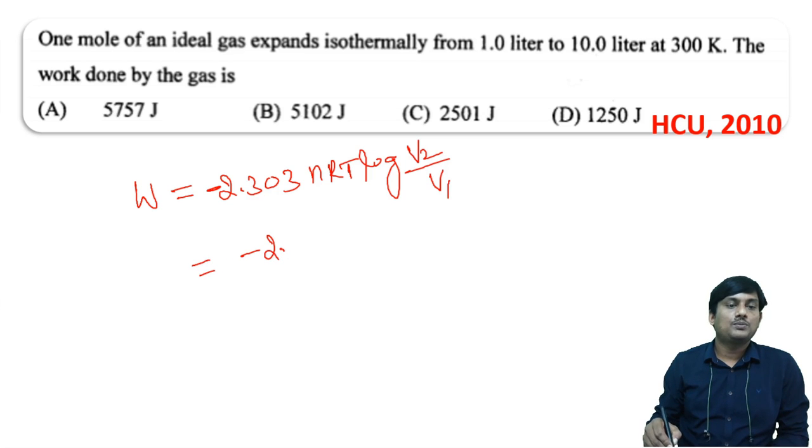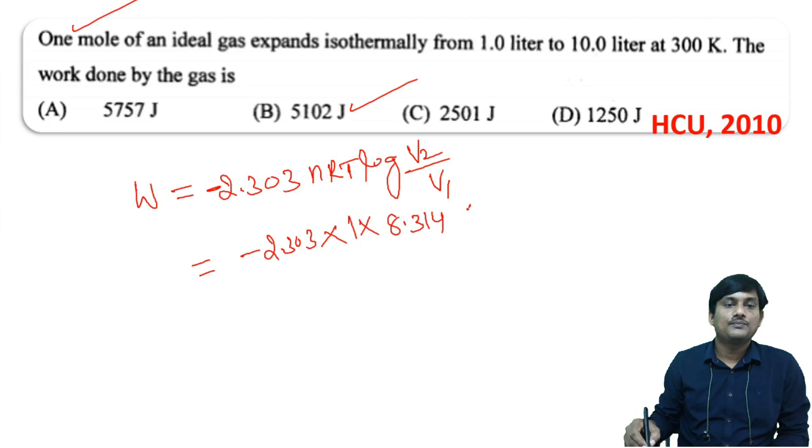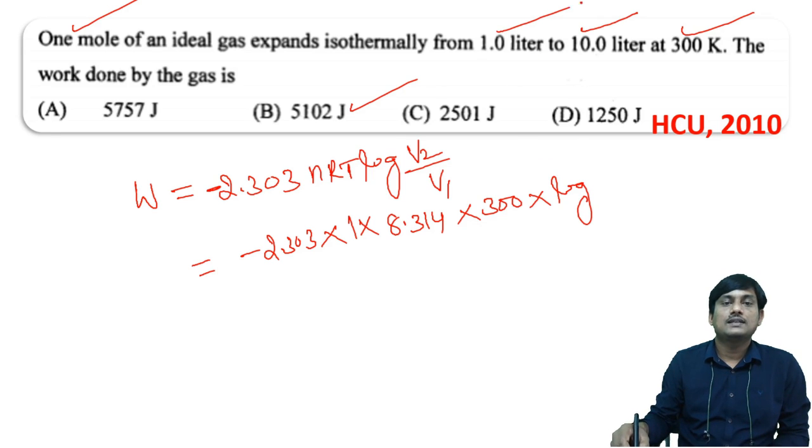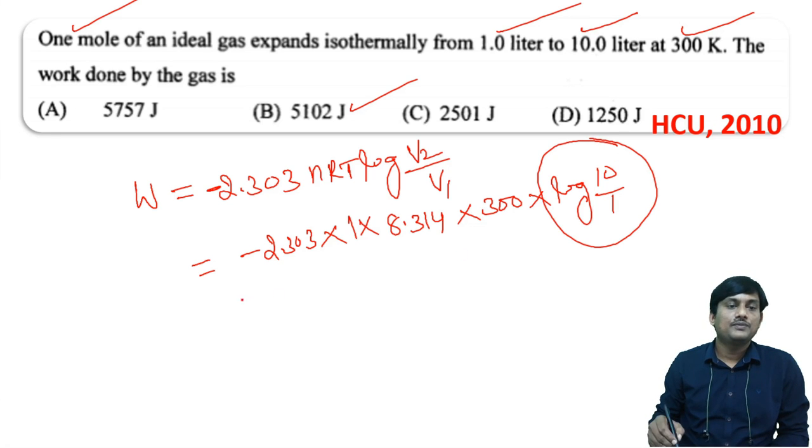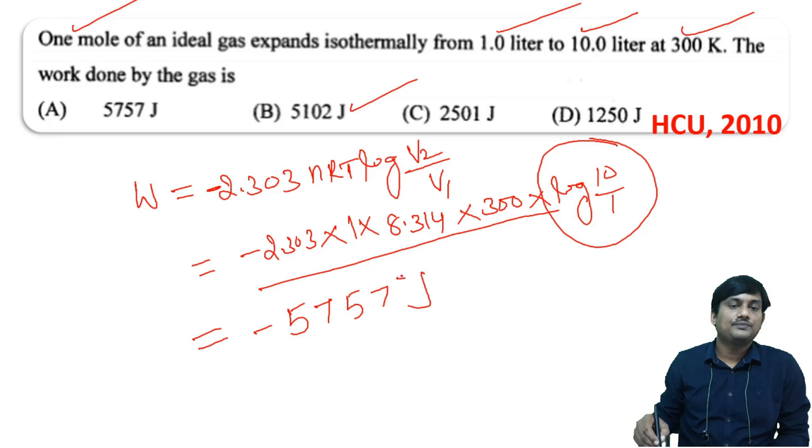Here, minus 2.303, number of moles 1 mole, and this is in joules, so you take 8.314 into temperature 300 Kelvin, into log V2 by V1. What is V2? 10 liters and 1 liter, so 10 by 1. So this is log 10, which is 1. When you multiply these, you will get around 5757 joules. This is the work done by the gas.